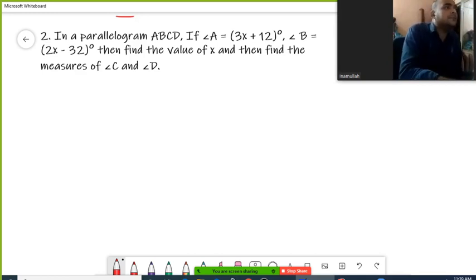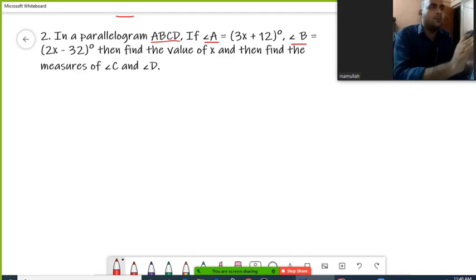As far as angle A and B are concerned, so I can say they are adjacent angle, because if you see this is your quadrilateral or parallelogram ABCD. So A and B are corresponding to one after other.